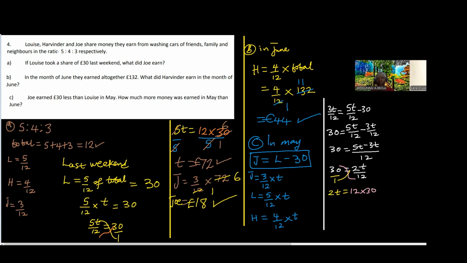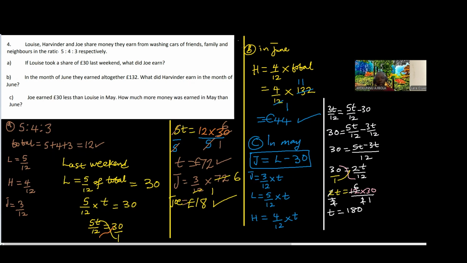To find t, I divide both sides by 2. 2 cancels 2, so t equals 6 times 30, which is 180 pounds.